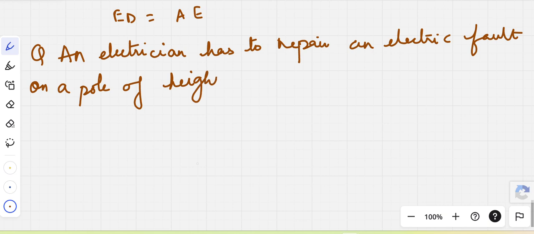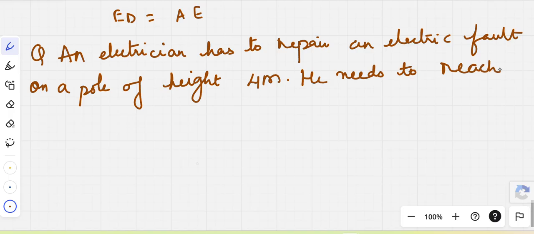I hope all kids are doing it and trying it themselves also, because this is a very important chapter, kids, and we won't have time to revisit all these. We have to do proper revision. So please pay attention.